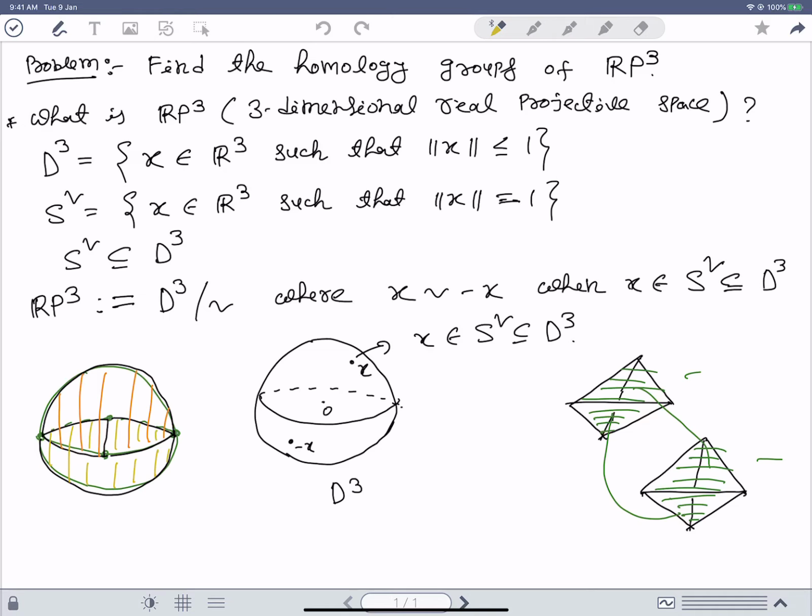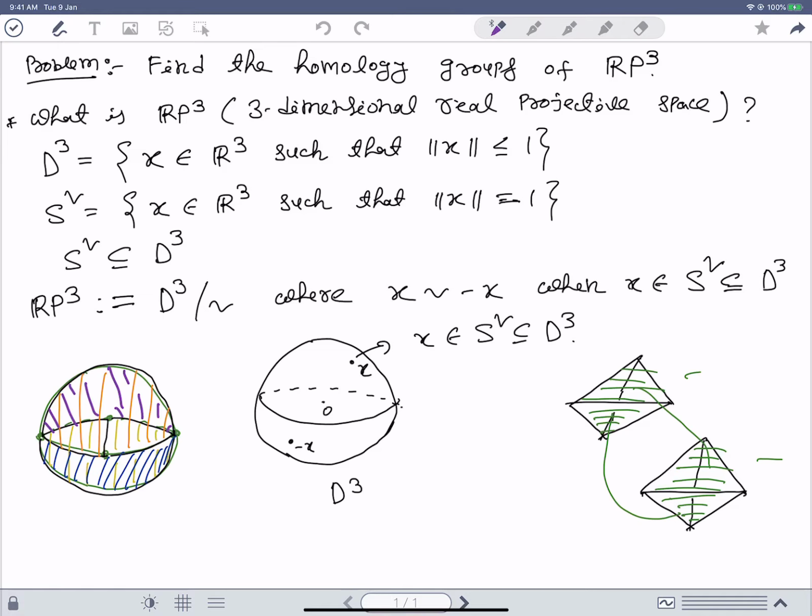Okay, the reverse one, and if we identify this triangle, okay, with the reverse one, say this one, then we will get RP3.